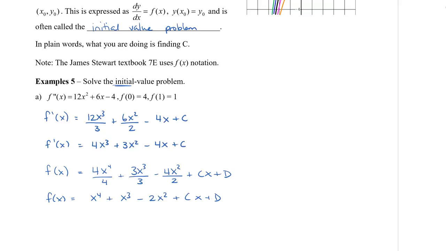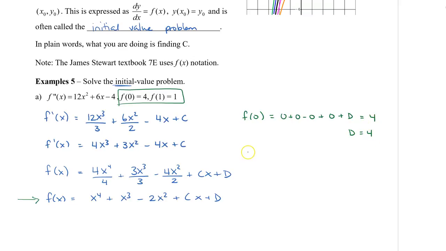Now I'm going to use the two pieces of information that I have here to find my c value and my d value. The first one is f of 0. When I plug in 0 into this equation, because it says f, so I need to use the one without the derivative notation, I get 0 plus 0 minus 0 plus 0 plus d equals 4, which means that d must equal 4.